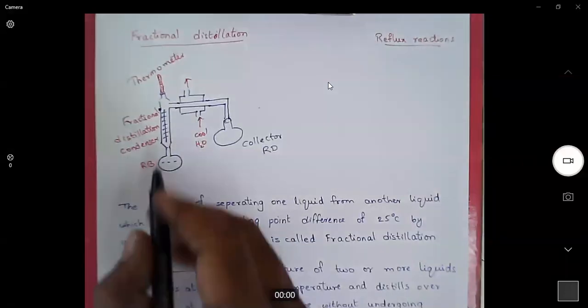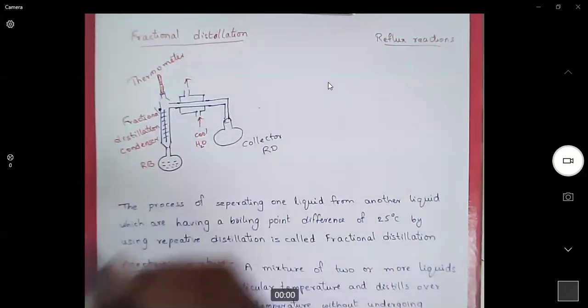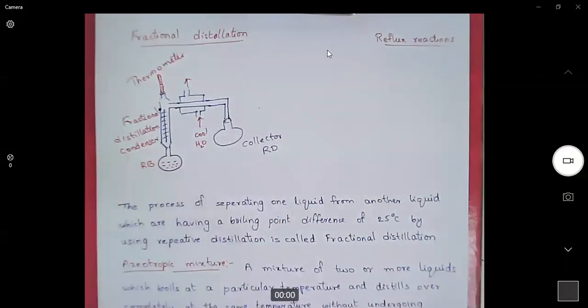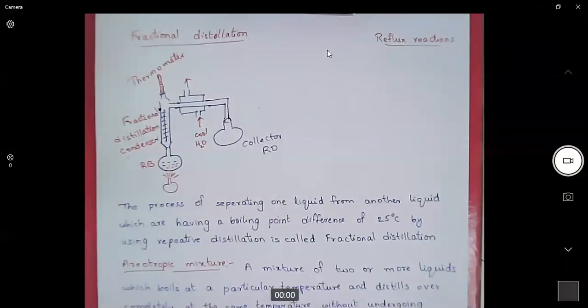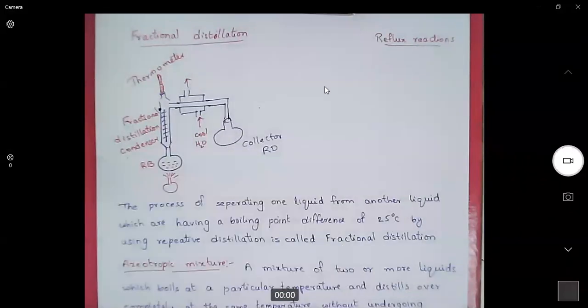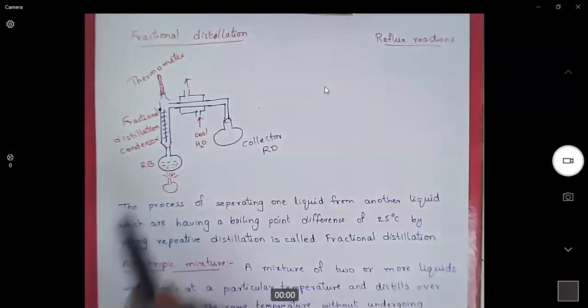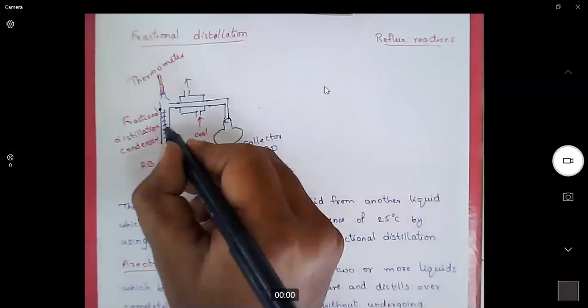When we have boiling point differences less than 25 degrees centigrade, and we apply heat to this, then what happens? The mixture of liquids in this RB will be vaporized. When they vaporize, they need to pass through this column.